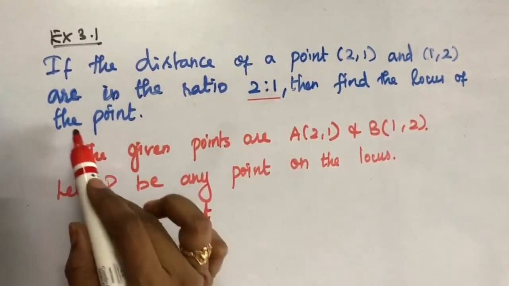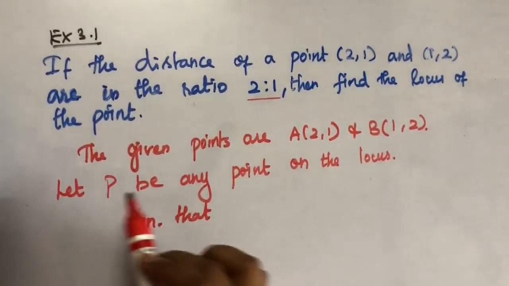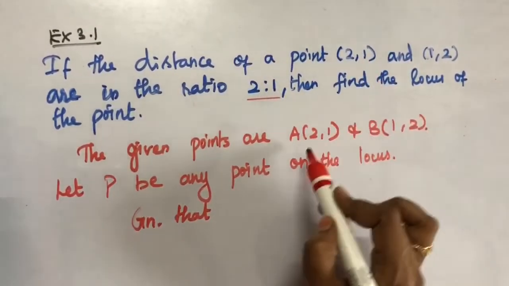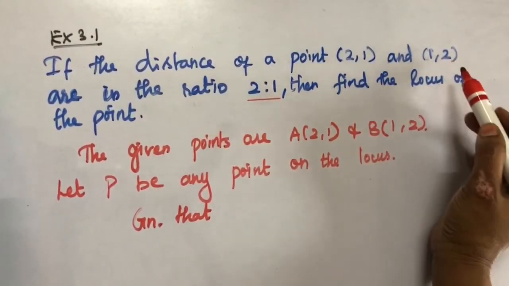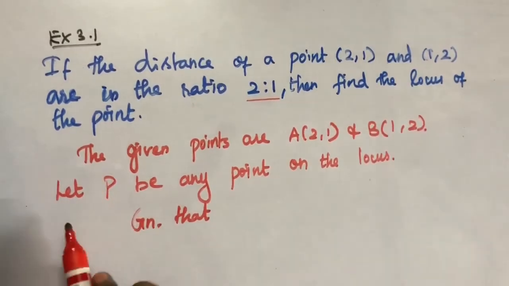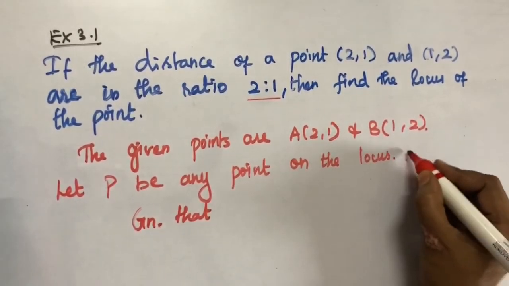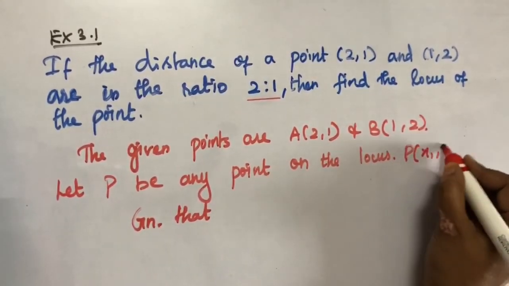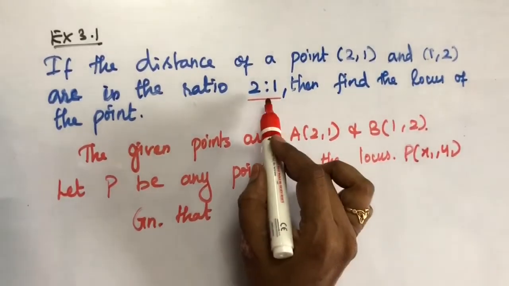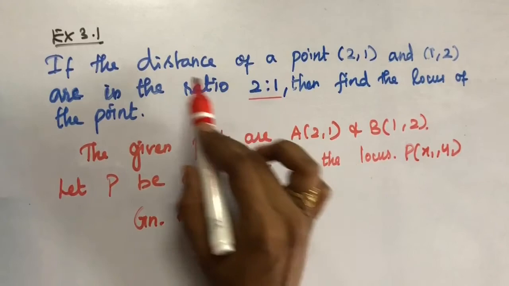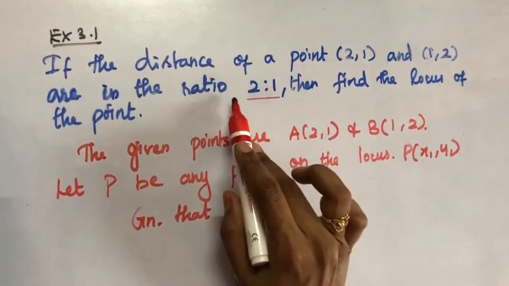We have to find the locus of that point. So the given points are A (2, 1) and B (1, 2), and P is any point on the locus, with coordinates (x1, y1).